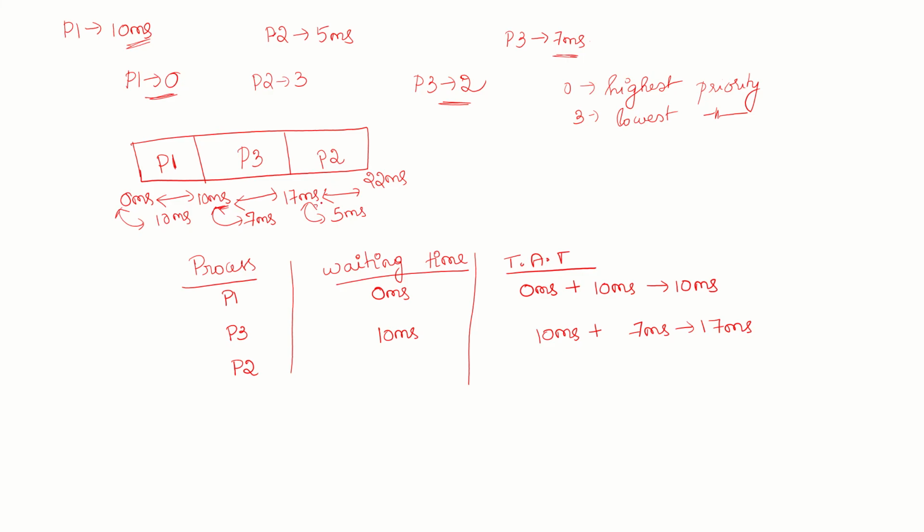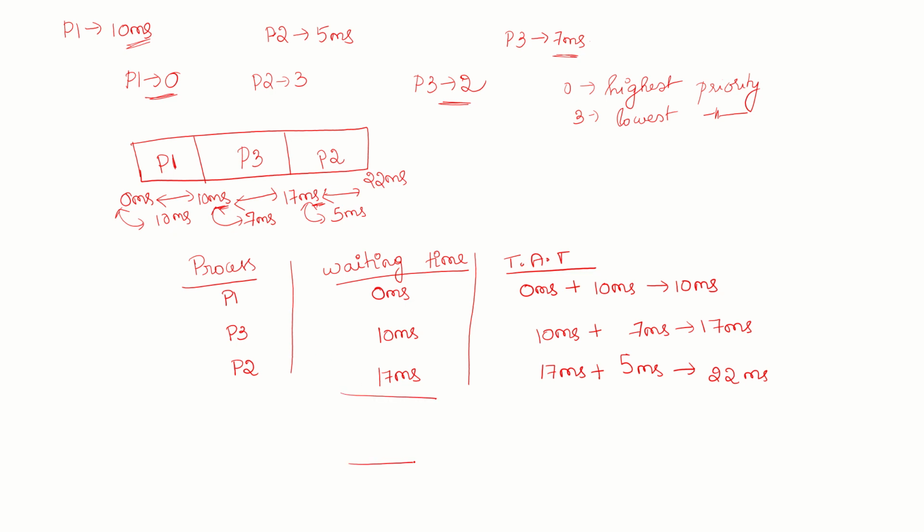It comes at 17 milliseconds, so I will write that 17 milliseconds directly over here. And here it is 17 milliseconds plus the execution time for P2, 5 milliseconds. So it is 22 milliseconds. So if you add 0 plus 10, 10, 10 plus 7, 17, 17 plus 5, 22.